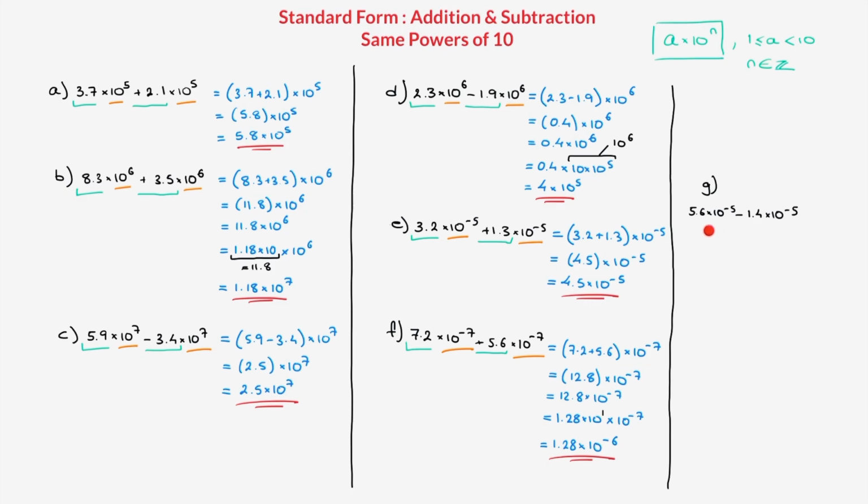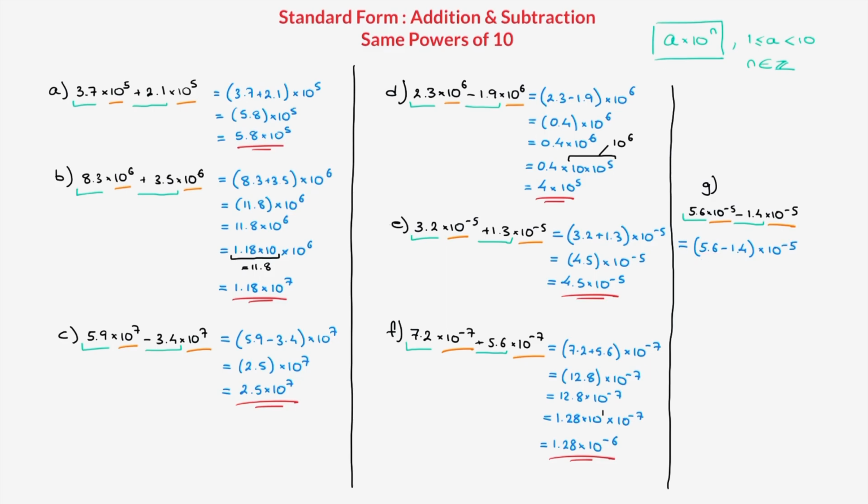Firstly, when looking at this subtraction, we quickly see that both terms involve the same power of 10. Consequently, we can use the same method as previously to state that that's equal to, in parentheses, 5.6 minus 1.4. And so I'll go ahead and write that. That's 5.6 minus 1.4, I close the parentheses, and that multiplies 10 raised to the power of negative 5.